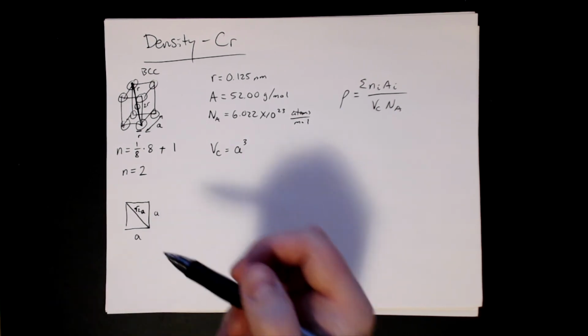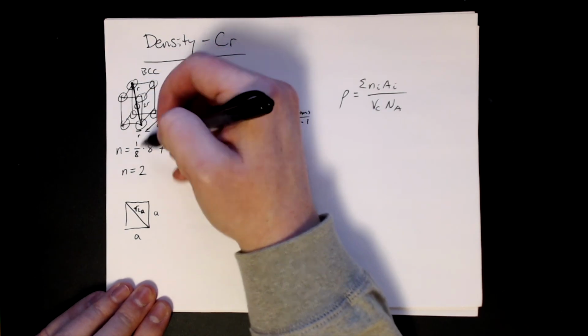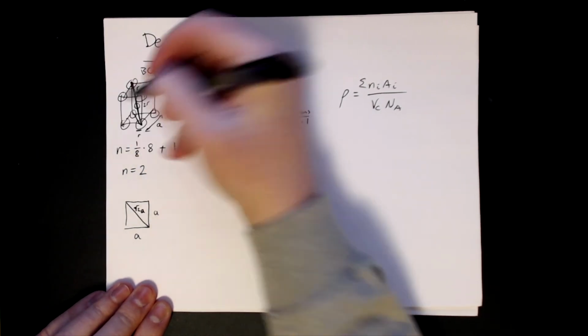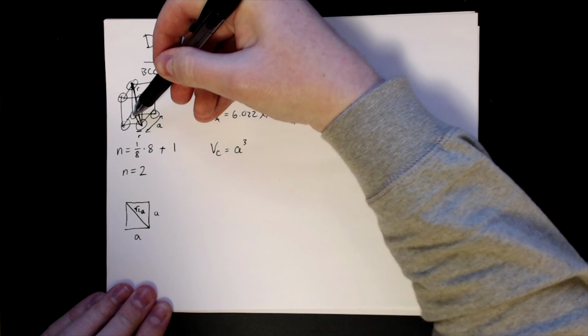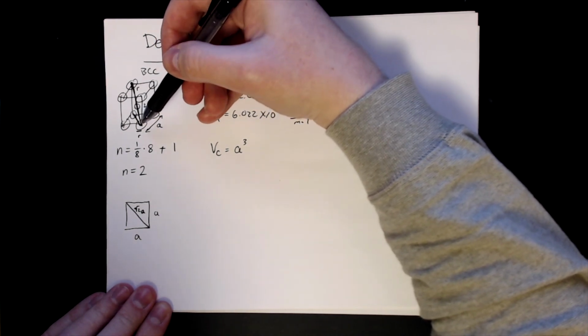So we've got the diagonal here as square root of 2A.